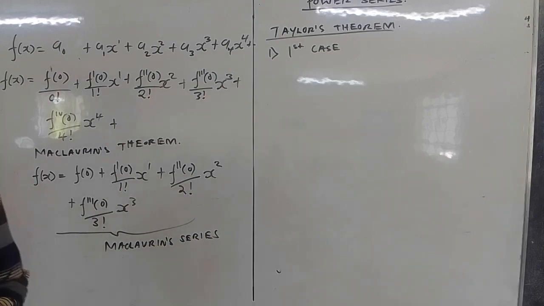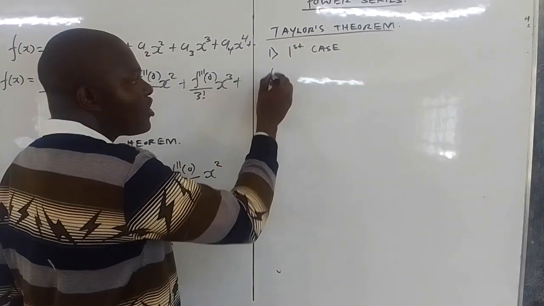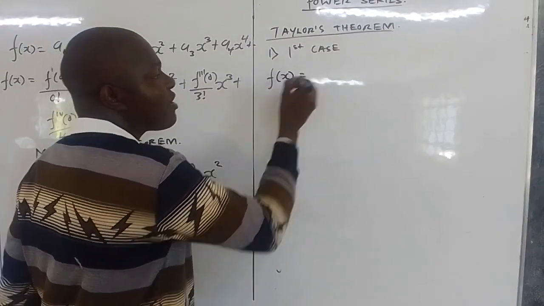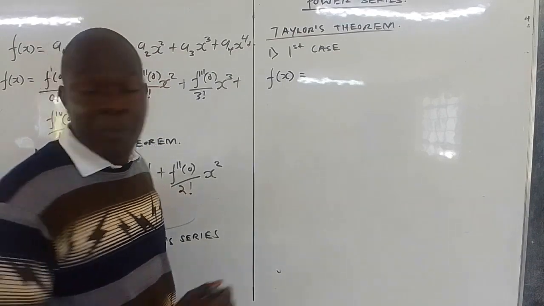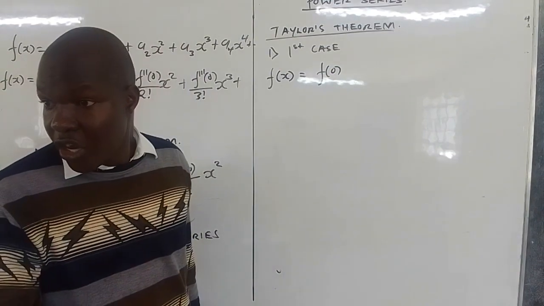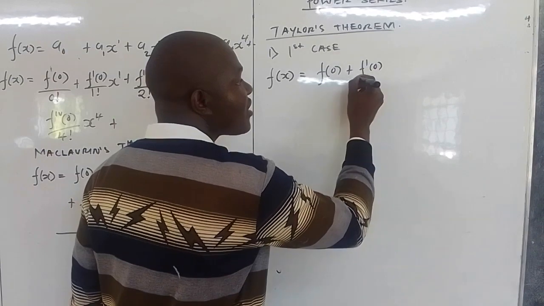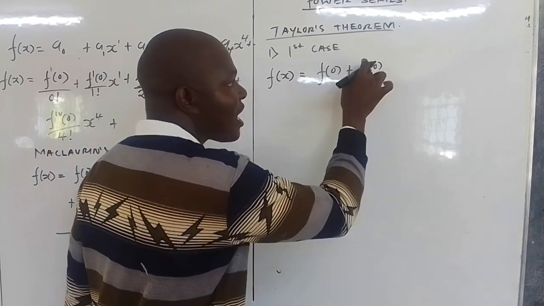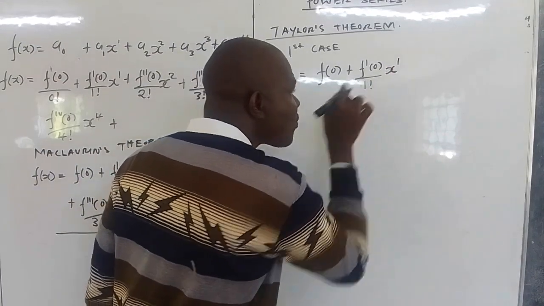Now, start here. From Maclaurin series, what have we seen? We've seen in Maclaurin series, if you want to expand the function f of x, the point x must be equal to 0, isn't it? Meaning you will start with f of 0. After f of 0, if you differentiate it for the first time, f prime of 0, it must be over 1 factorial, and x is raised to power 1.